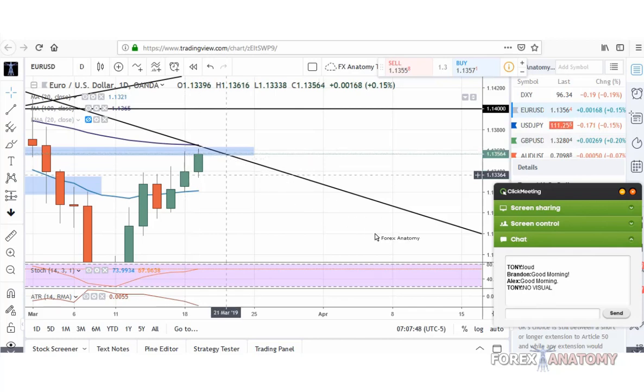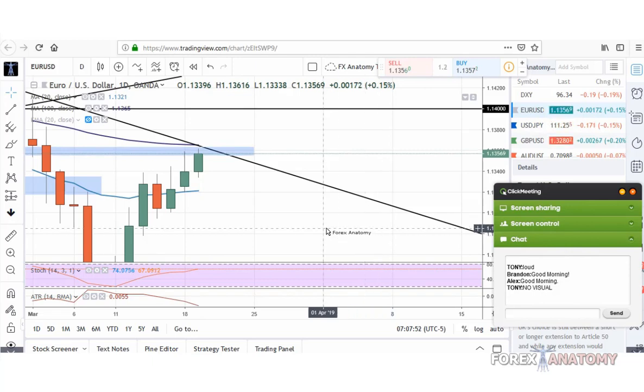I know Tony said there's no visual. Is it the same way with any of you guys? Do you guys see exactly my desktop and my screen? If not, then there could be an issue. But hopefully you guys are able to see it. I know, yeah, okay. I don't know, it may be an issue on your end.